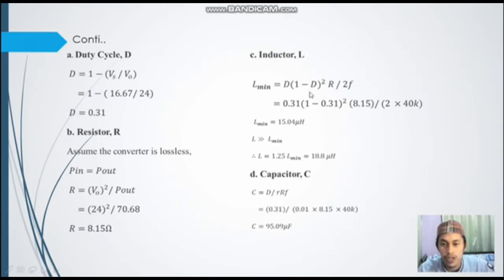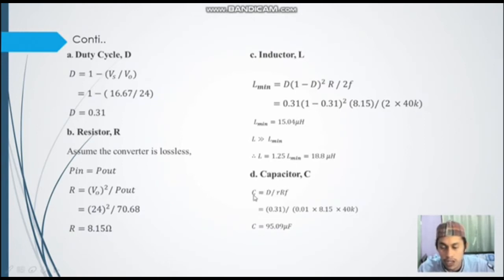After we substitute the values based on the table, we find that the value for L minimum is 15.04 microhenry. Then to find the L value, we need to multiply it by 1.25. So the value for L is 18.8 microhenry.